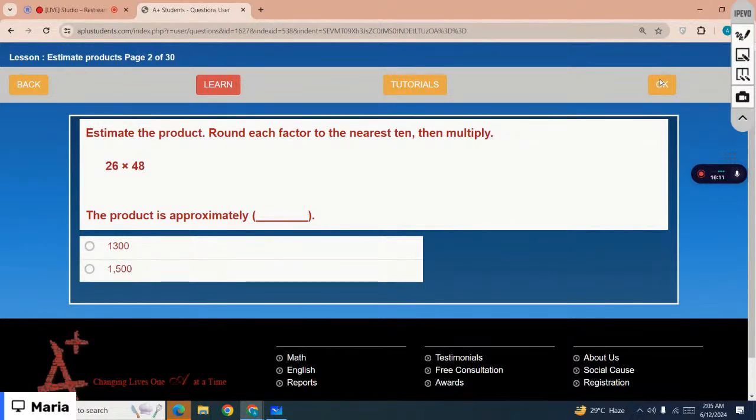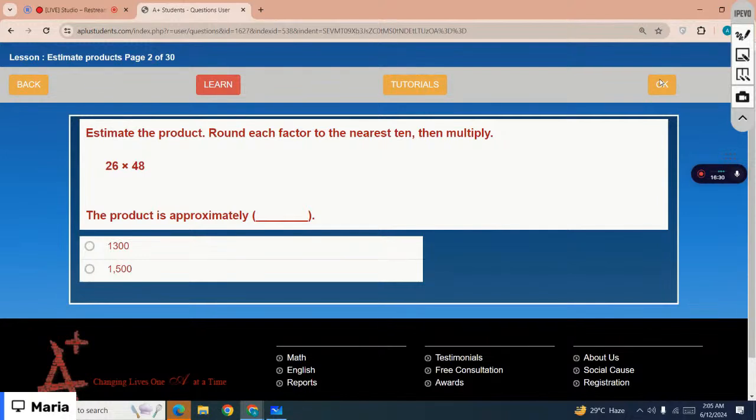Estimate the product, round each number to the nearest 10 and then multiply. You have to do 26 times 48.